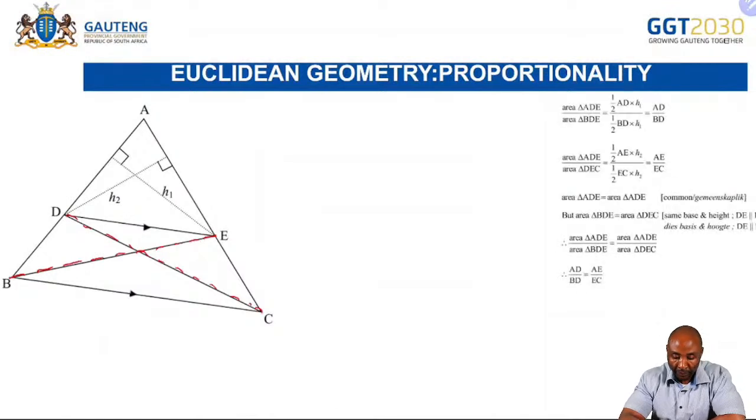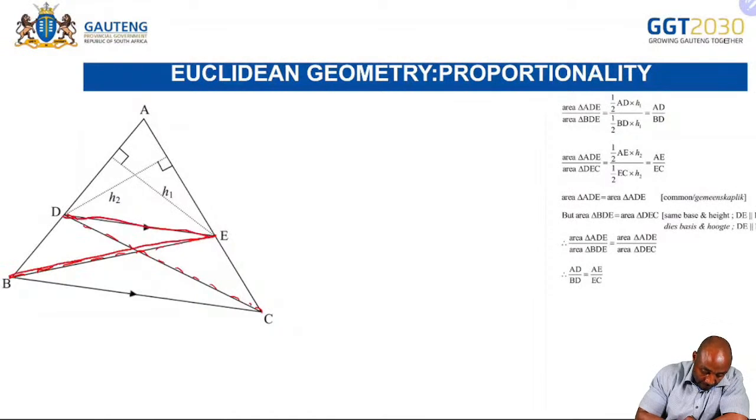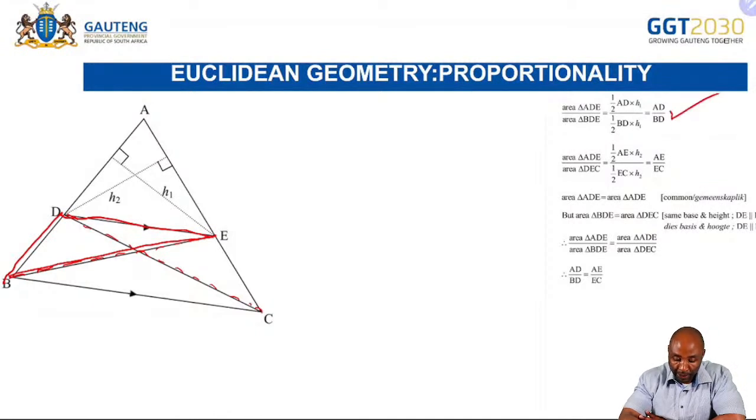Now, I will use the area of triangle ADE. You are able to see triangle ADE. That's the triangle there. We are going to use the first height. It will be given by the area of triangle DBE, this one, because they are sharing the same external height, H1. We substitute, we will get the area as AD over BD.